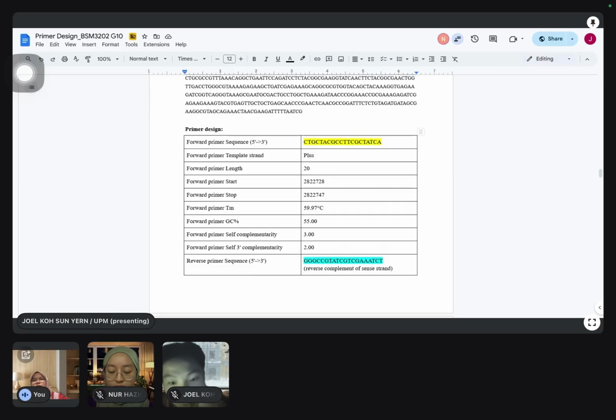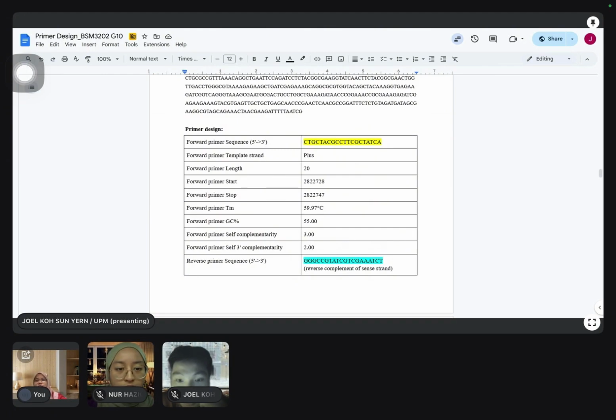And the melting temperature is 59.97, and the GC percent is 55, which is very ideal, not more than 60%. And the primer self-complementarity is also okay, which is 3, and self 3' complementarity is low, which is also ideal in choosing primers.